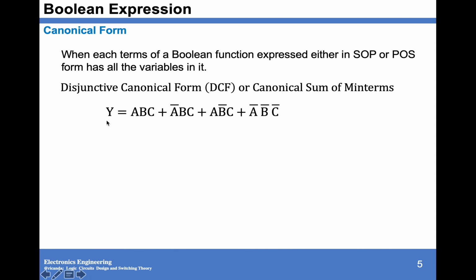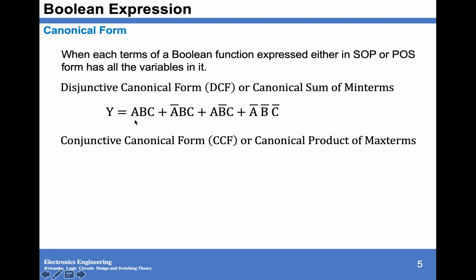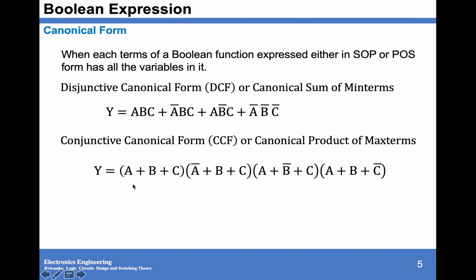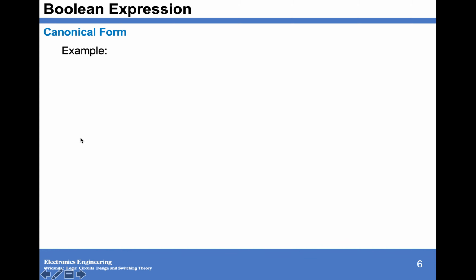This is an example of your canonical form, where all the terms in your expression must be expressed on all the variables in your expression. We have 3 variables, so every term in this expression has all those 3 variables. Another one is the conjunctive canonical form, or canonical product of maxterms. If we have 3 variables in your expression, all the terms in your expression must be expressed by the 3 variables.